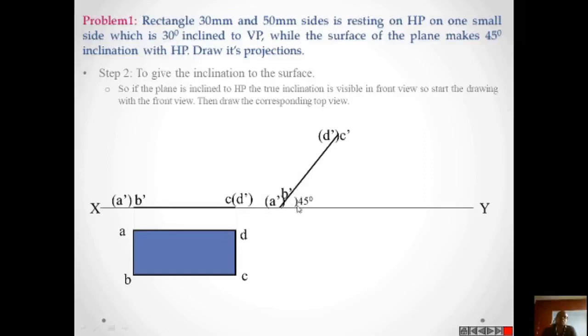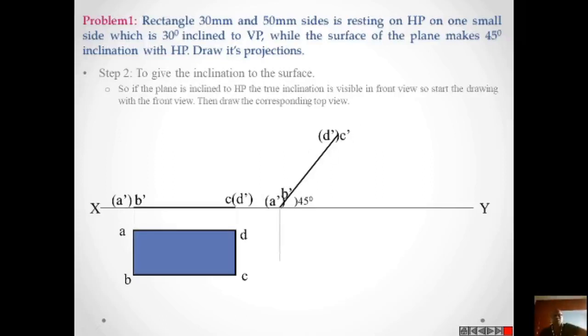Only thing is the orientation is changed. This line is equal to the length of the line drawn here, A dash C dash or A dash D dash.